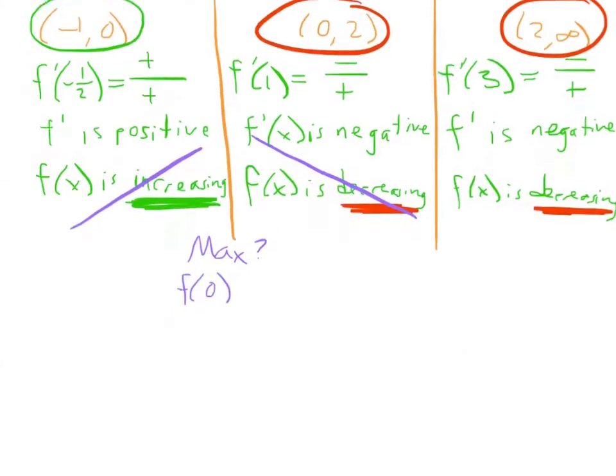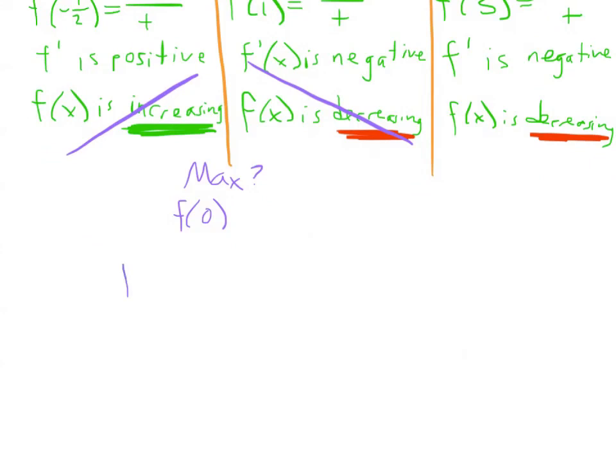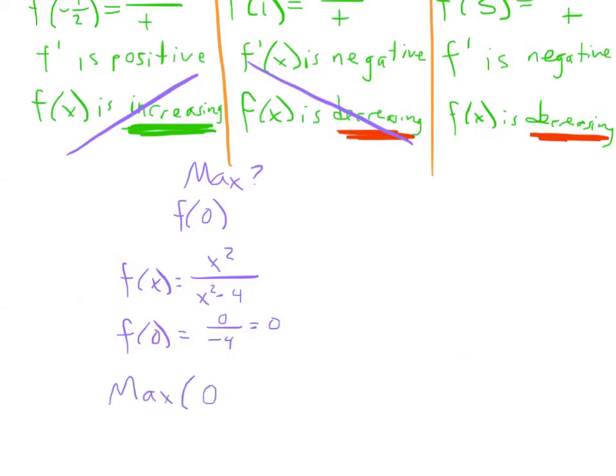Well, my original function, my f of x, was x squared over x squared minus 4. When I plug in 0, f of 0 is 0 over negative 4, which is 0. Great. There's a point there, which means I have a maximum at (0, 0).